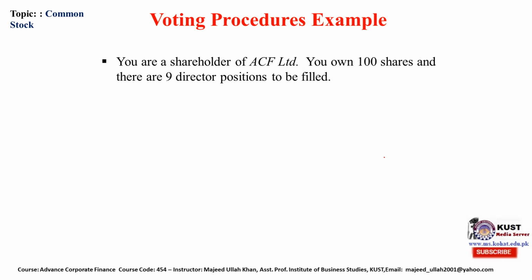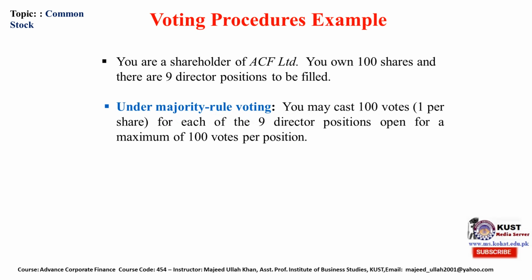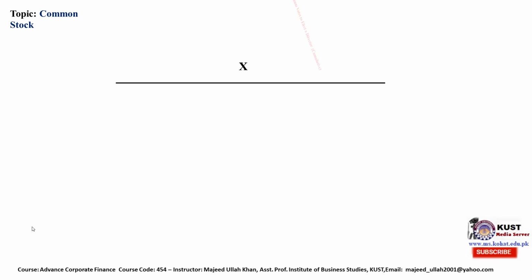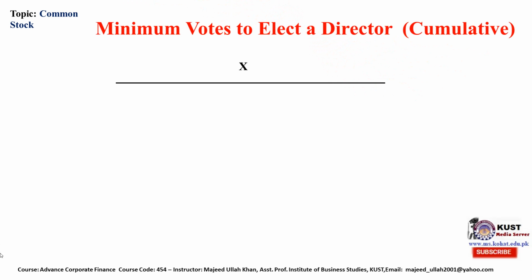Voting procedure example, again. Minimum votes to elect a director under the cumulative rule. So what is the criteria?